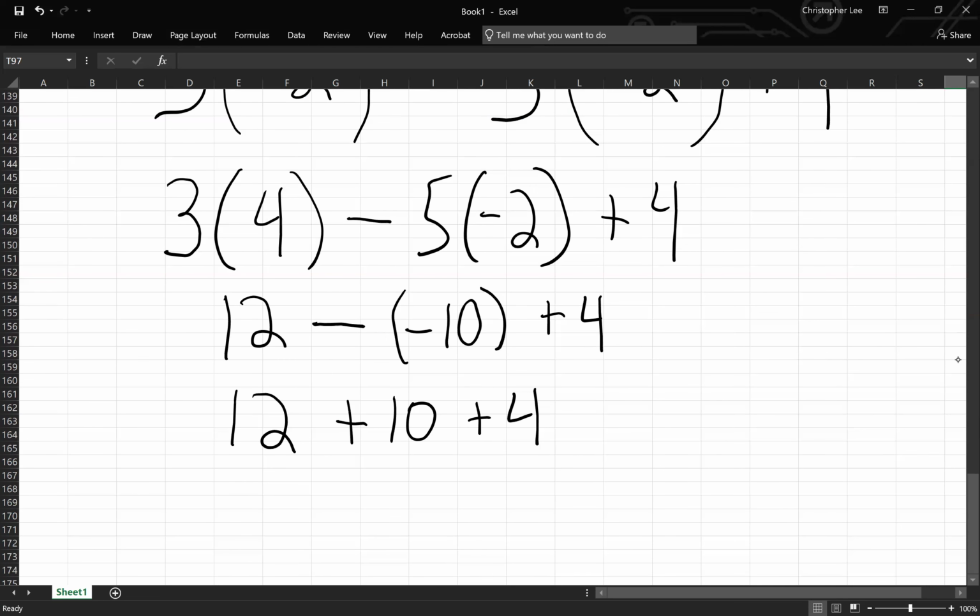All right. What's 12 plus 10? 22. Very good. All right. Now what's 22 plus 4? 26. All right. Y'all all better get 100 on y'all first test then. All right. Any questions on this?